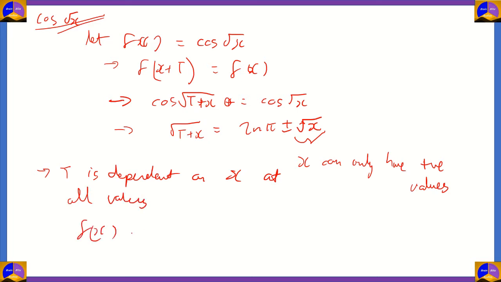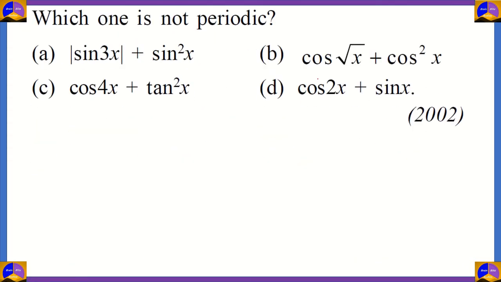So f of x, that is equal to cos of root x, is not periodic. So if a periodic function is added to a non-periodic function, then the resulting function becomes non-periodic. So therefore the right answer is option B, cos root x plus cos square x.